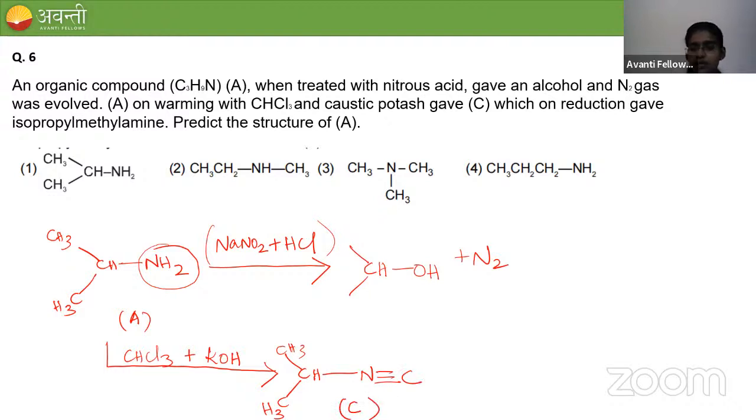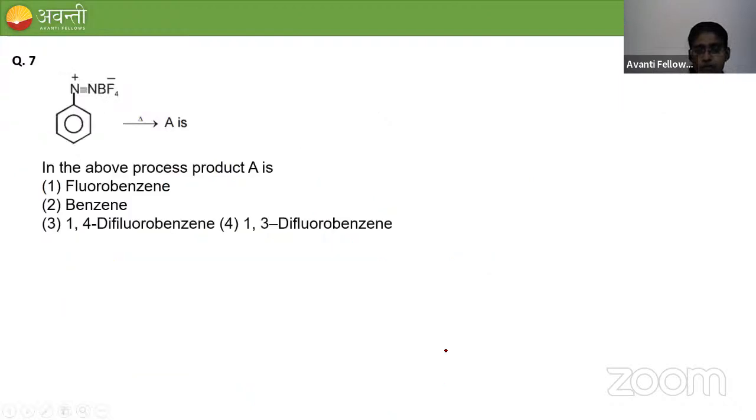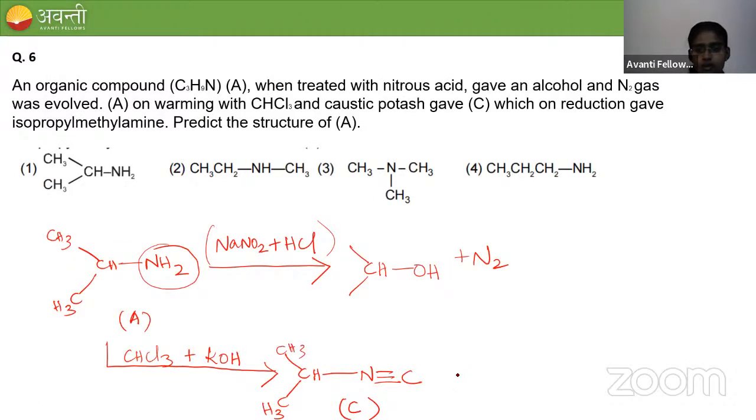And this compound C on reduction gave isopropyl methylamine. For the reducing purpose, for reduction, we can use lithium aluminum hydride or catalytic hydrogenation. Let me use lithium aluminum hydride.